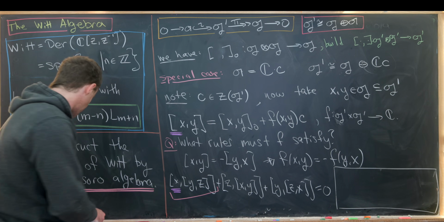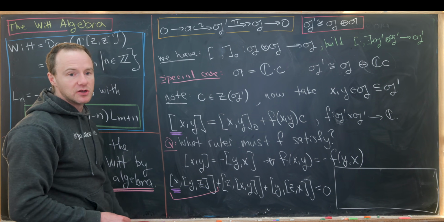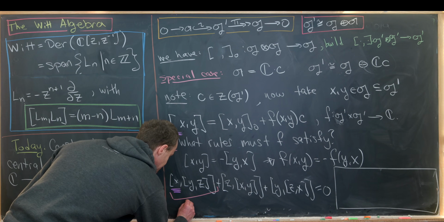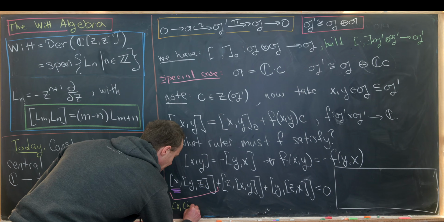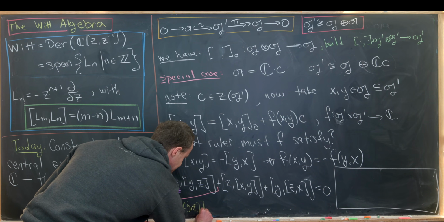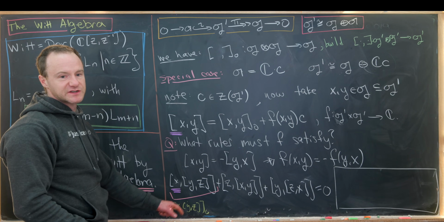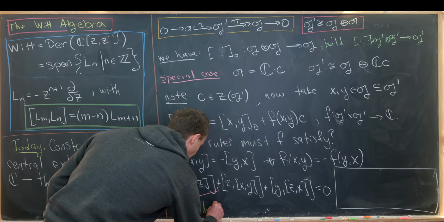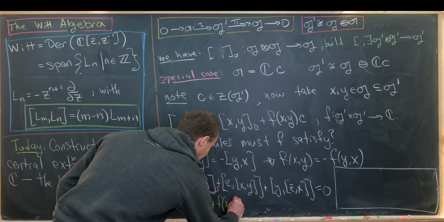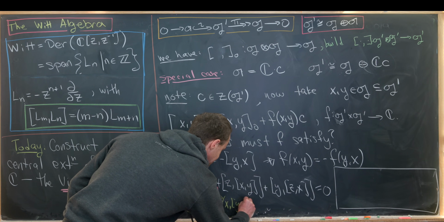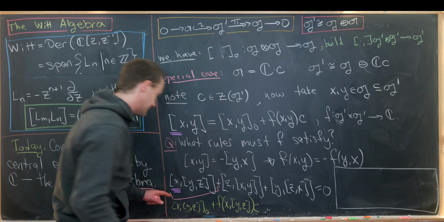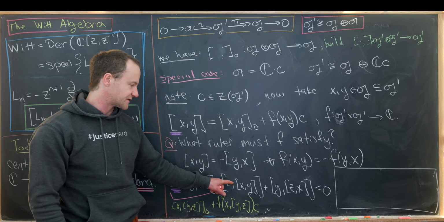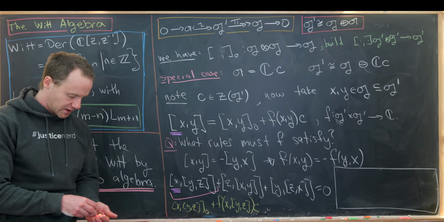So in particular, this one down here looks something like this. So it'll be x, y, z, 0. So that's the first part. And then plus f of x, and then bracket y, z of c. So that's that one. And then you get something else for this one, and you get something else for this one.